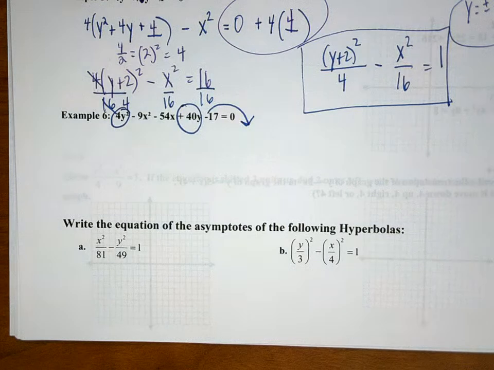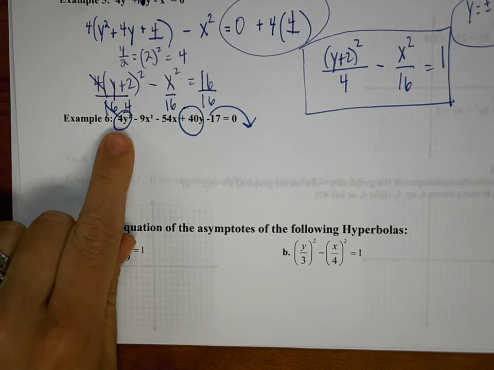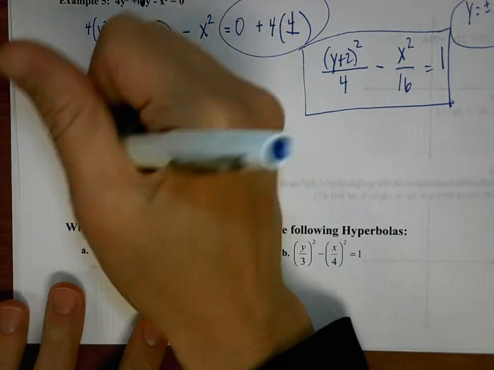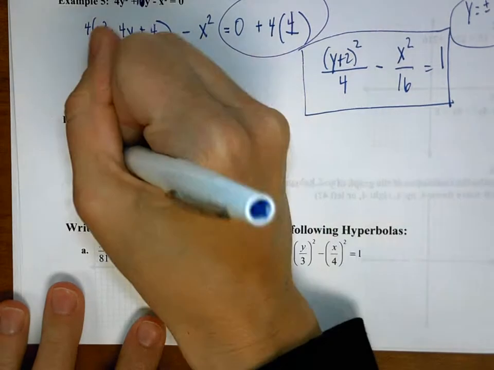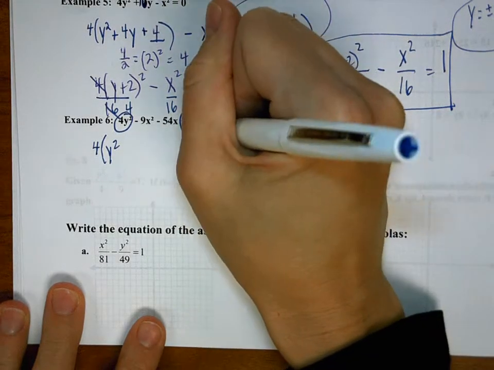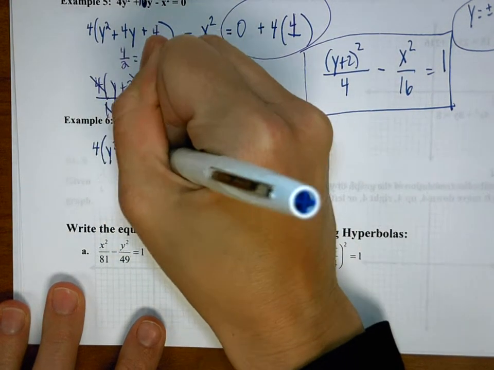Also notice that the x squared term is negative, so that one's going to be the one that comes second, right? So we're going to start with our positive, and what will I need to do first to complete the square on this one? Take out the 4. So I have 4 parentheses y squared, and when I divide 40 by 4, I end up getting what? Good. Plus 10y plus blank.